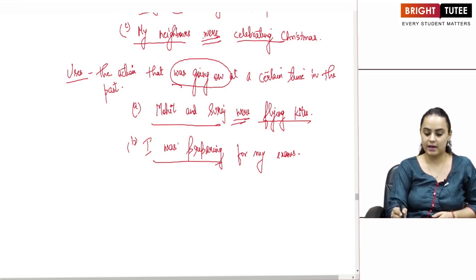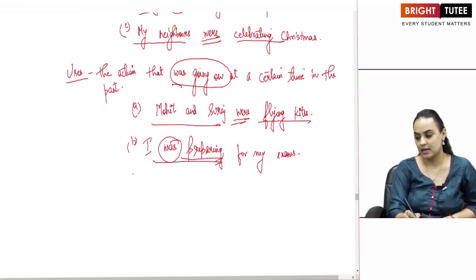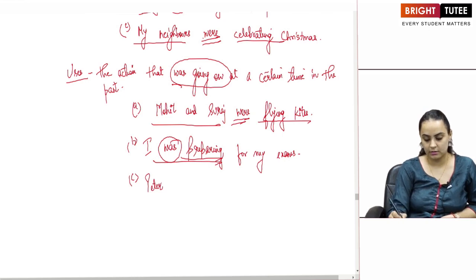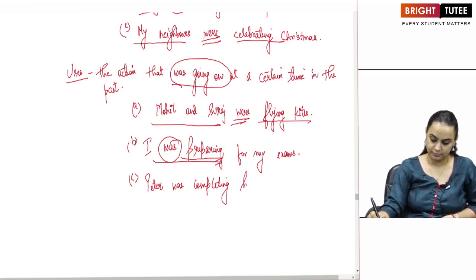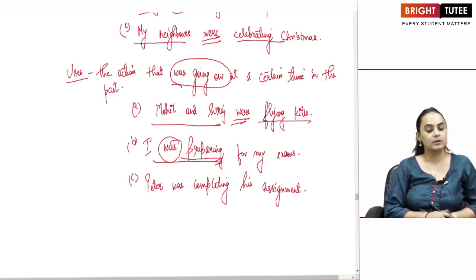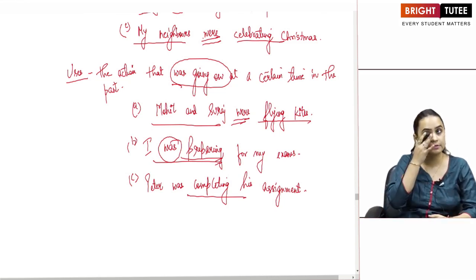So that is why was preparing, the past continuous tense. If I give you another example, Peter was completing his assignment. So completing an assignment is again something which takes time, and therefore we will use the past continuous tense.